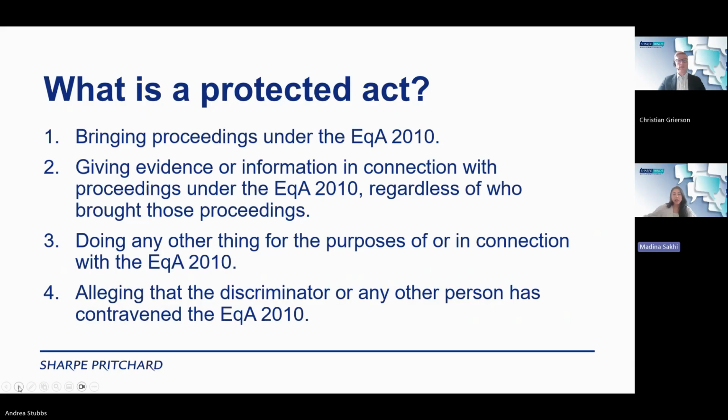And finally, alleging that someone has contravened the Act, whether or not that allegation is later proven, as long as it's made in good faith. So these are all protected acts, and any negative treatment someone receives as a result of doing them may amount to victimization. Next slide, please.